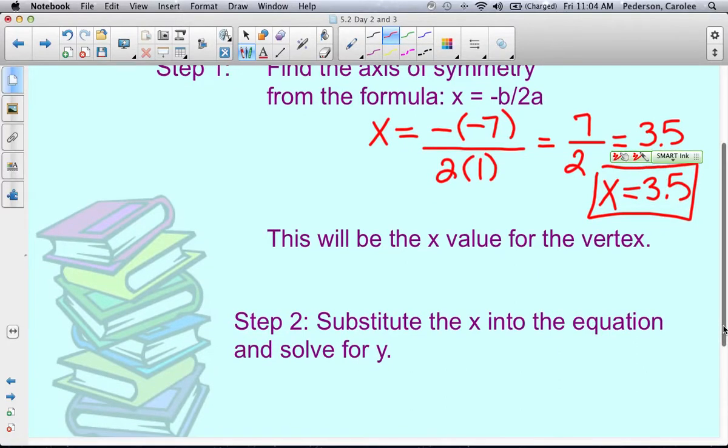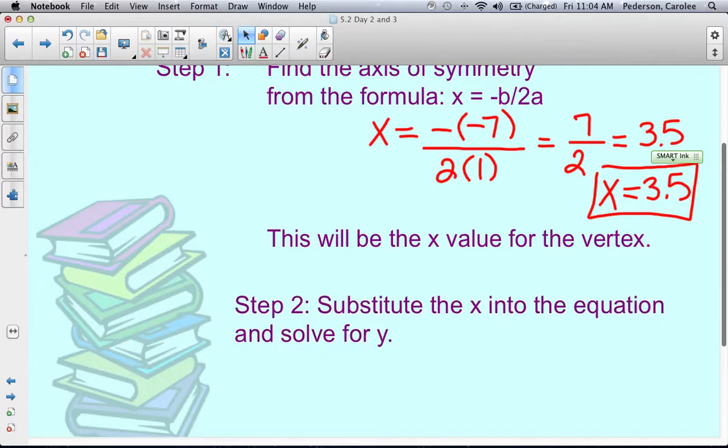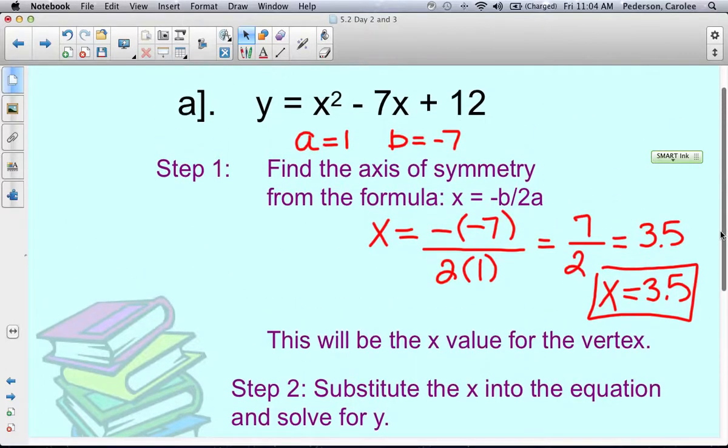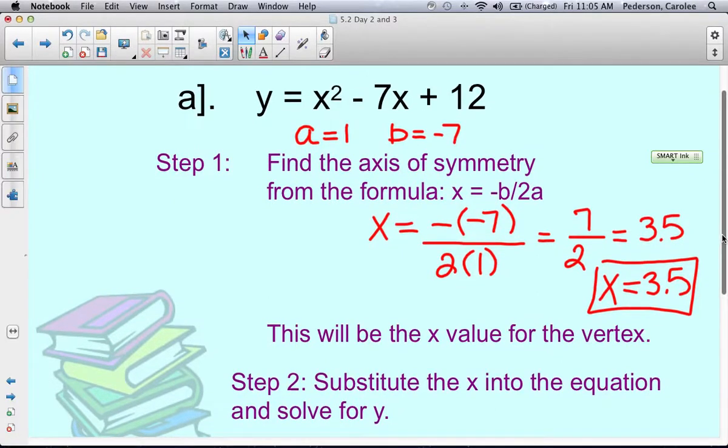All right, what that says then is this will be your x value for your vertex. Remember that x value is where it crosses through. We want to find the y value for the vertex. So step 2 is to substitute that x value that you just found in the axis of symmetry into the equation, the function, and solve for y. So remember, this is our equation, our function.